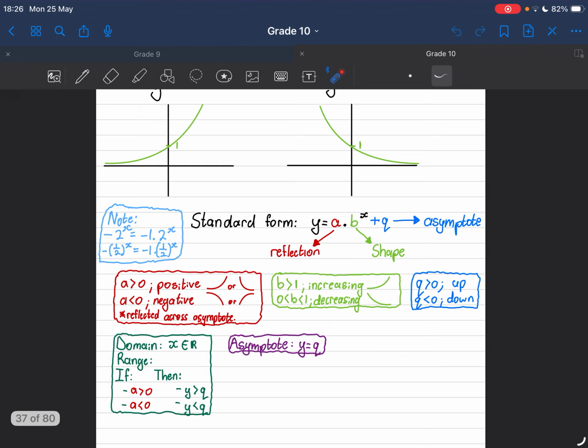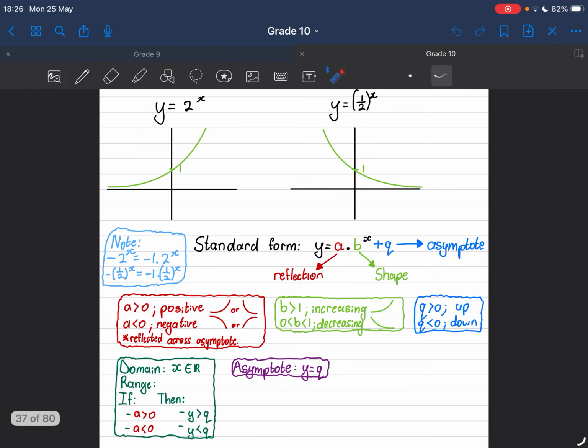For the range, there are two possibilities. Remember, the a value flips our graph. If the a value is positive, so our graph is like this, the range is y is greater than q.